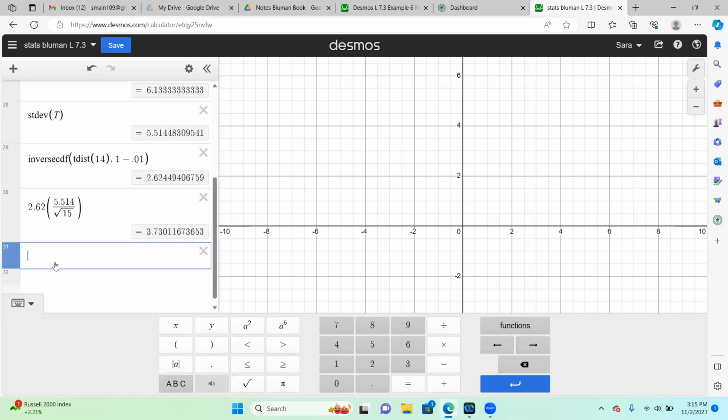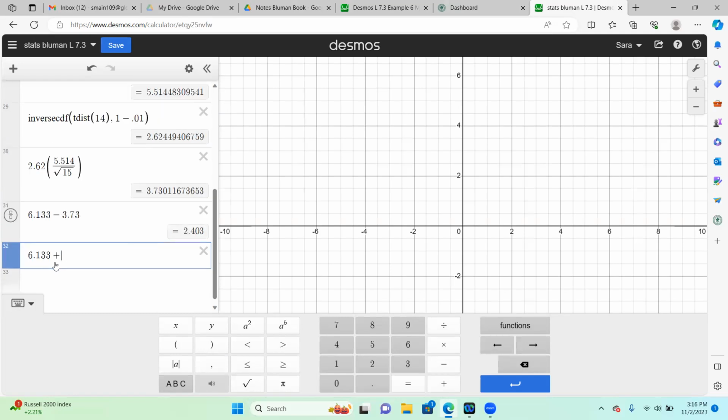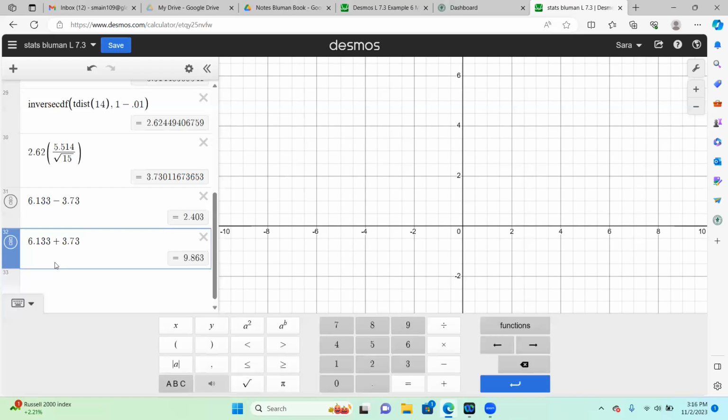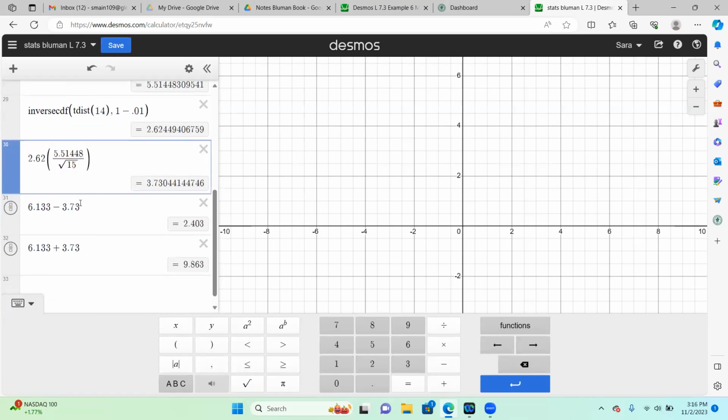And so our lower boundary is going to be using the mean of 6.133, subtracting 3.73, and the upper, 6.133, adding 3.73. And you could have run out more decimal places on this, but it wouldn't have changed your margin of error even.